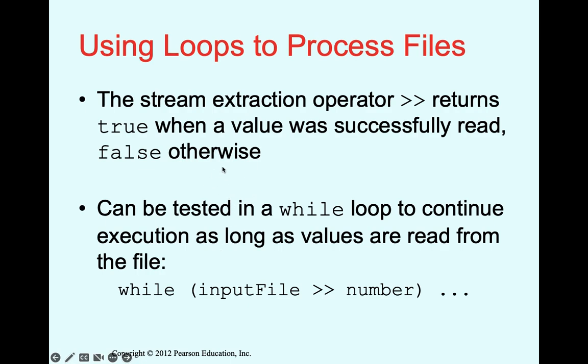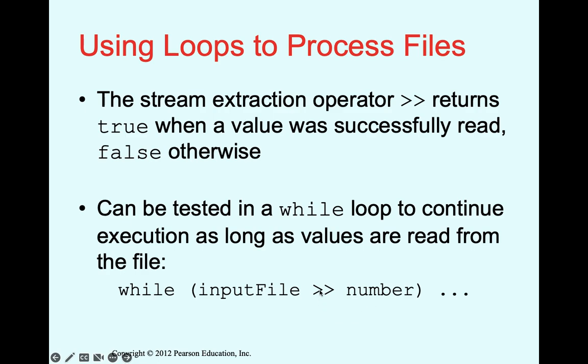Usually we use loops to read and write in files, okay? So the nice thing is that this operator can give me true or false. It gives me false if I cannot read any more values from the file, and true if I can read from the file. So I can use while inputFile >> number.